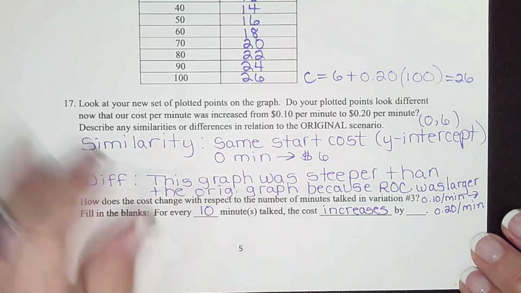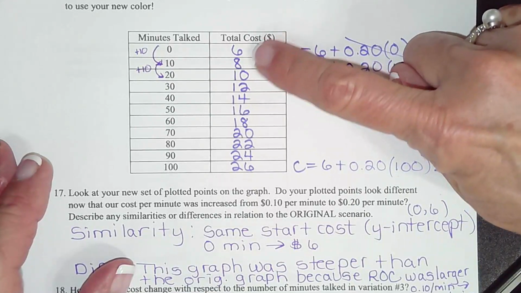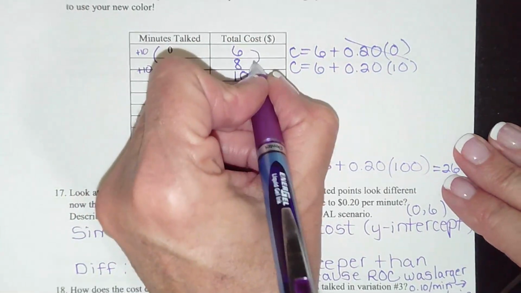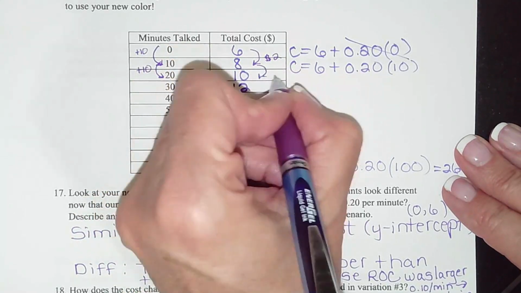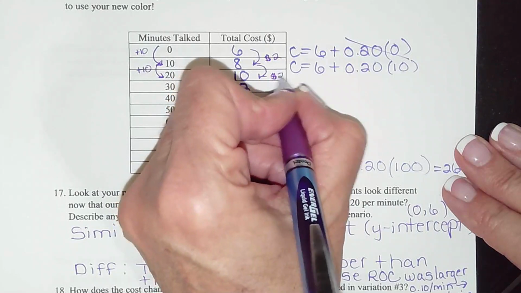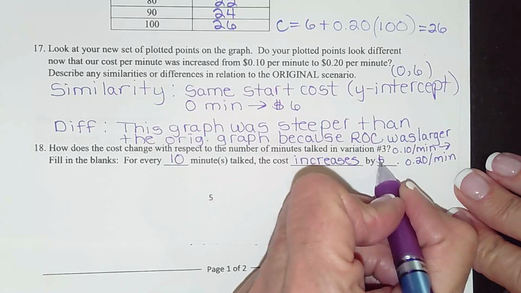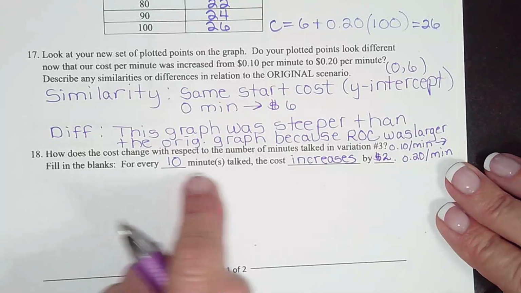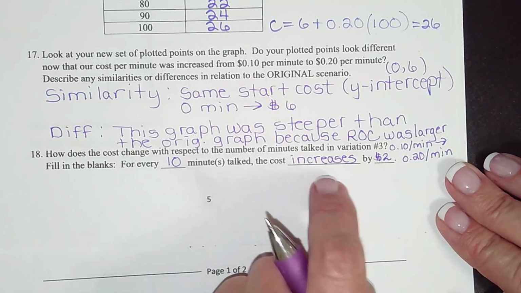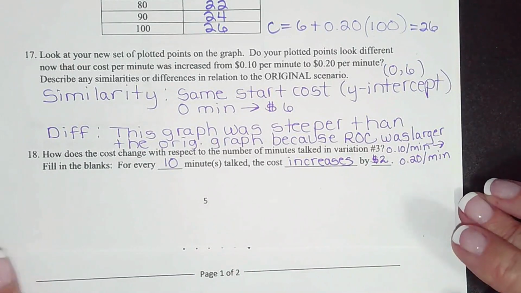For every 10 minutes talked, the cost increases by $2. So that's what we put here. So for every 10 minutes talked, now the cost increases by $2.